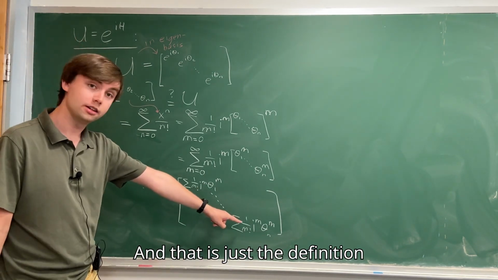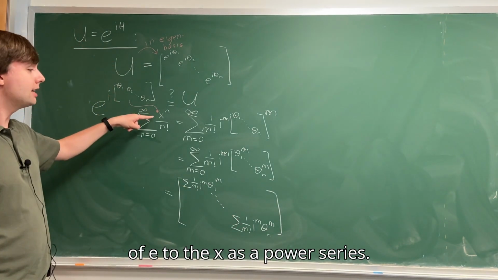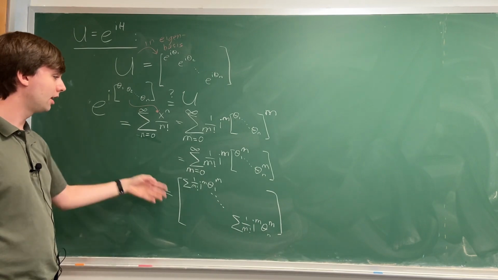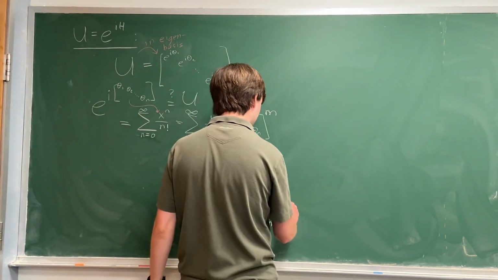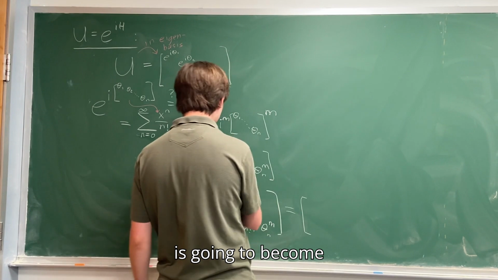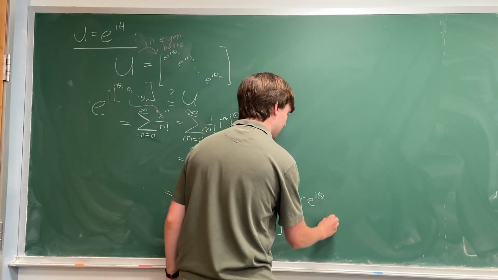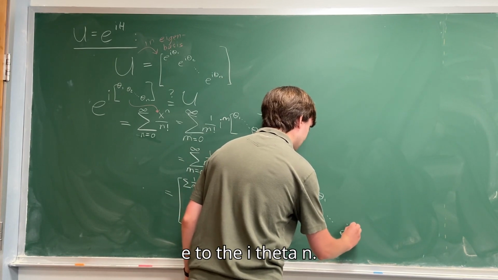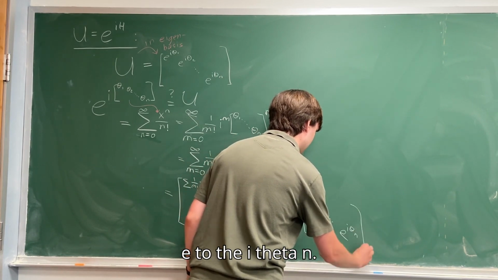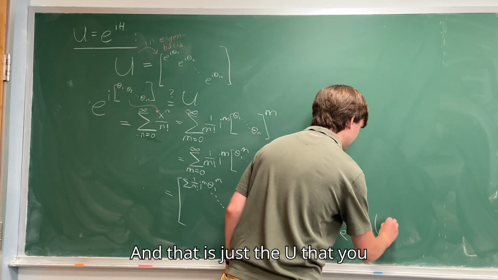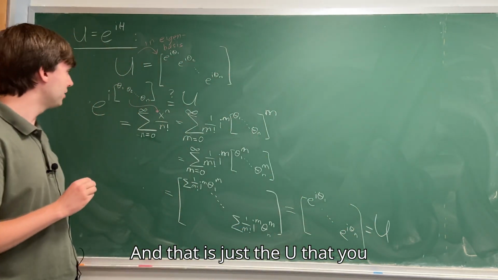And that is just the definition of e to the x as a power series. Every one of these is going to become e to the i theta 1, down to e to the i theta n, and that is just the U that you started with.